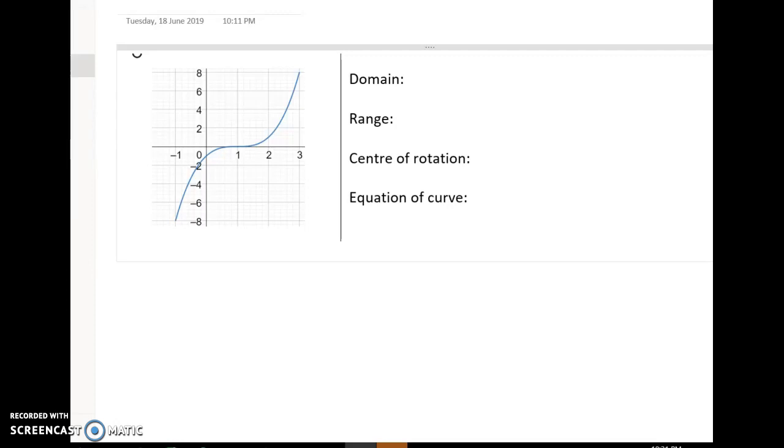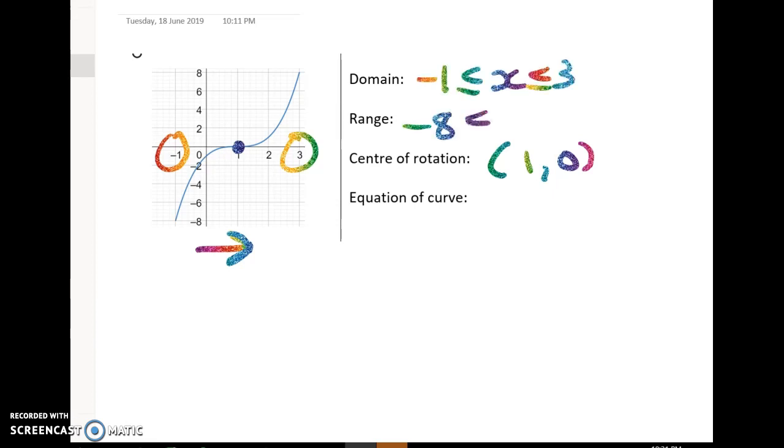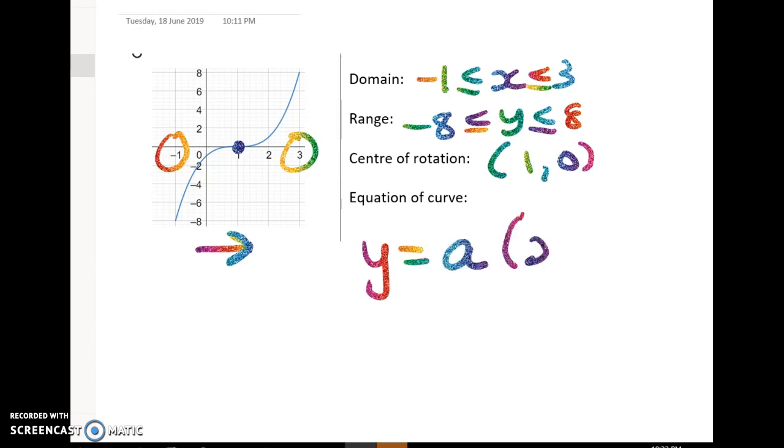This next one has the same shape, but it's been shifted out 1 unit. So the center of rotation is now at (1, 0). The domain is now x between -1 and 3, but the range hasn't changed. It's between -8 and 8. The equation of the curve is going to be y is equal to some scale factor times (x minus 1) cubed.